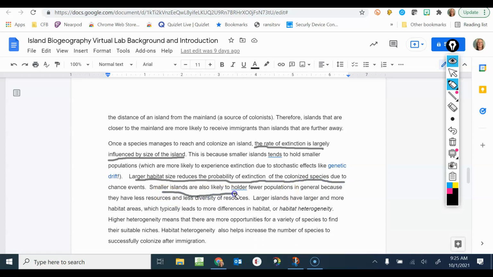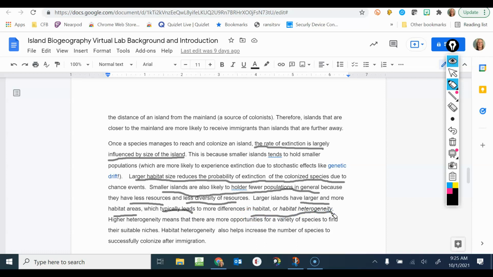Smaller islands are likely to hold fewer populations in general because there are fewer resources and less diversity of resources. Larger islands have larger and more habitat areas, which leads to more differences in habitat and habitat heterogeneity.